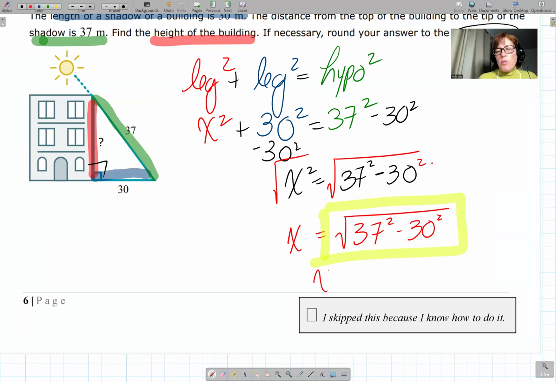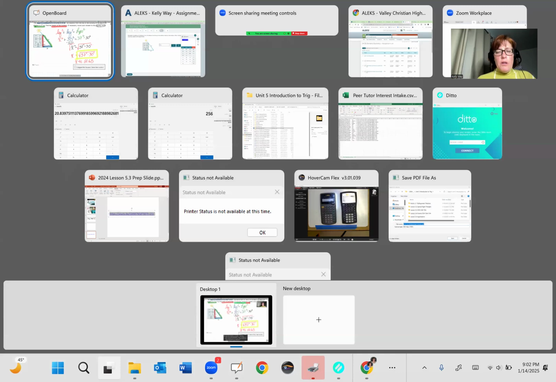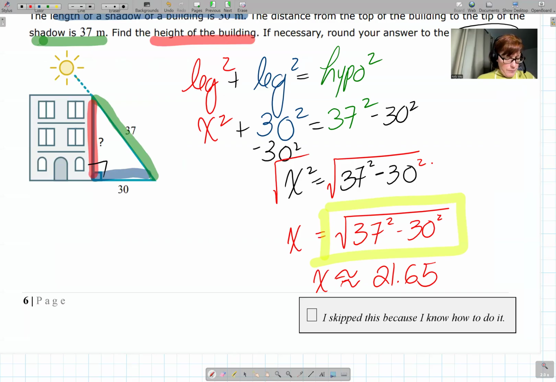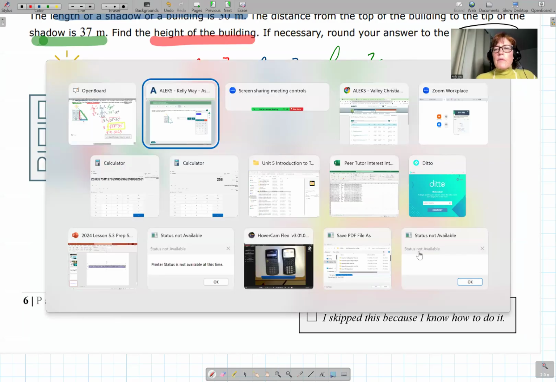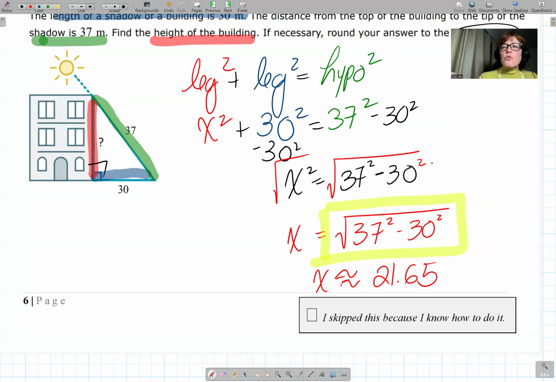So x equals approximately 21.65. Again, let me show you what that looked like in the calculator. Again, that was the square root of 37 squared minus 30 squared, 21.65. And it says round to the nearest tenth place, so you're going to round there. So it is approximately 21.7 units.